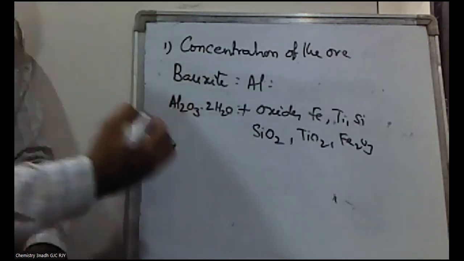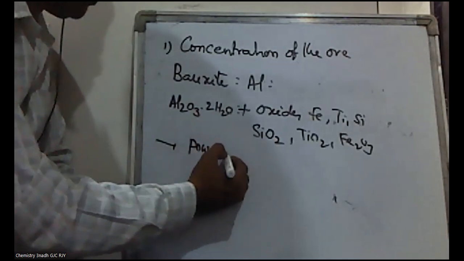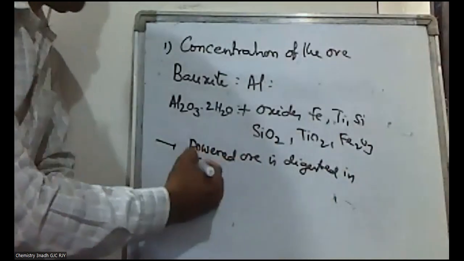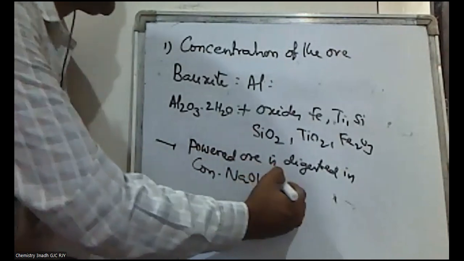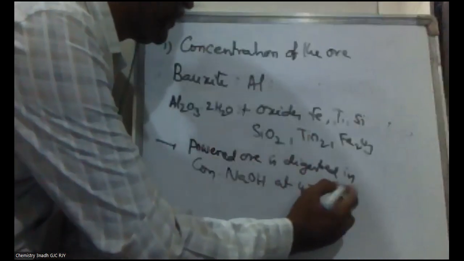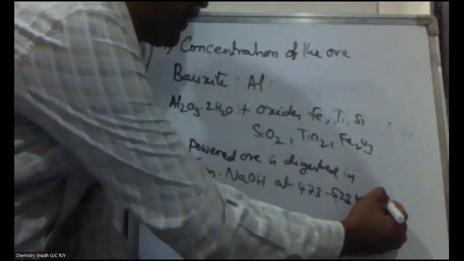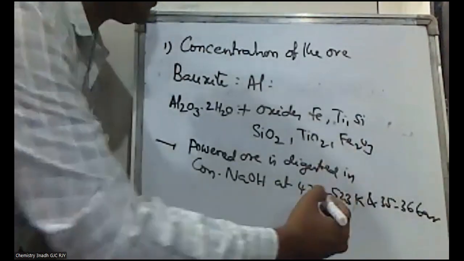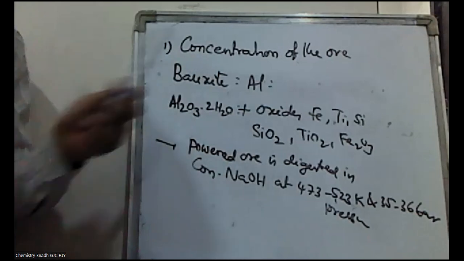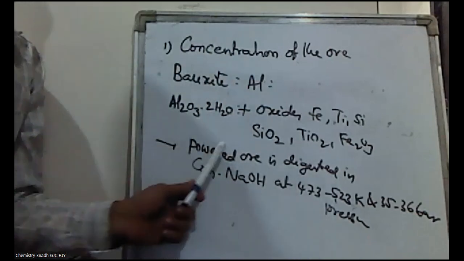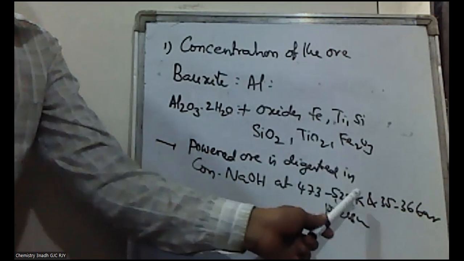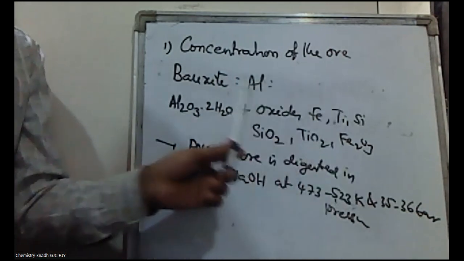In this method, the powdered ore is digested in concentrated sodium hydroxide, NaOH, at 473 to 523 Kelvin and 35 to 36 bar pressure.